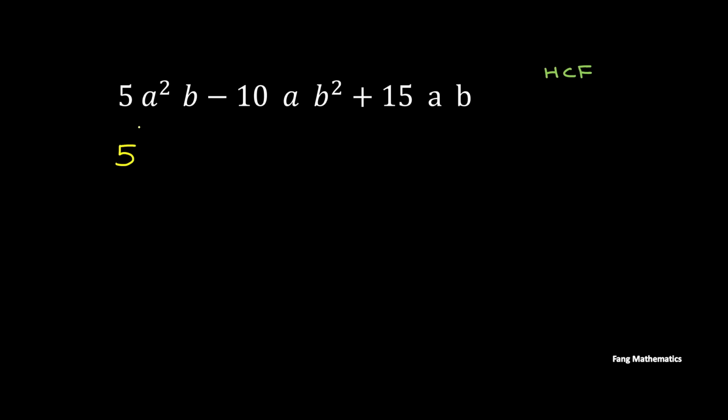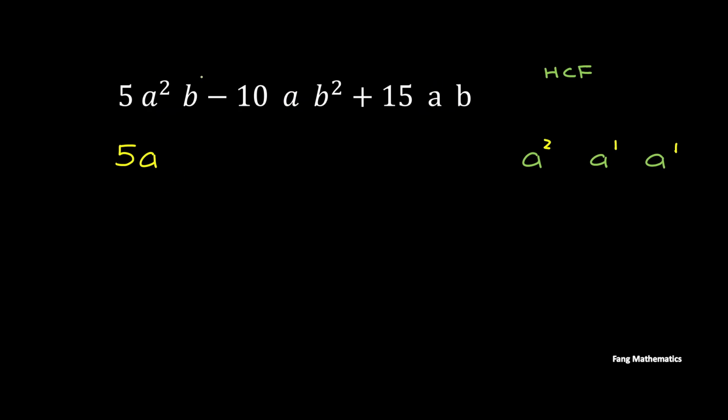We are to look at the first variable, that is a squared, a, and a. We are to bring them outside and look for the one that has the lowest power. So their powers are respectively 2, 1, and 1. So we can just choose either one, so a.